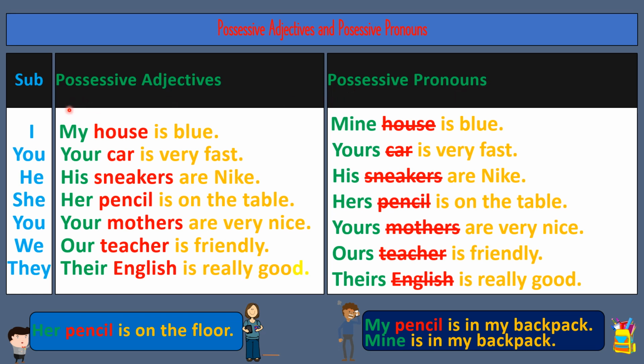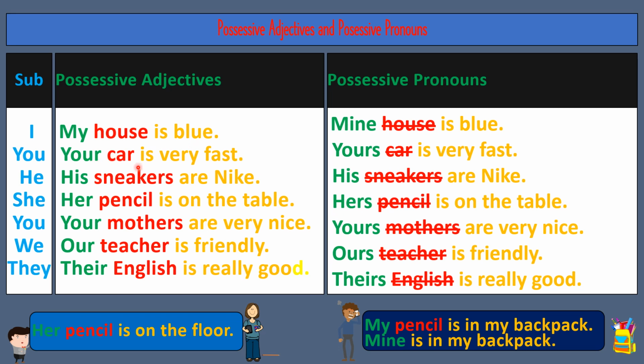Like here, for I, my, for you, your, for he, his, for she, her, for you, your, for we, our, and for they, their. For example, my house is blue.